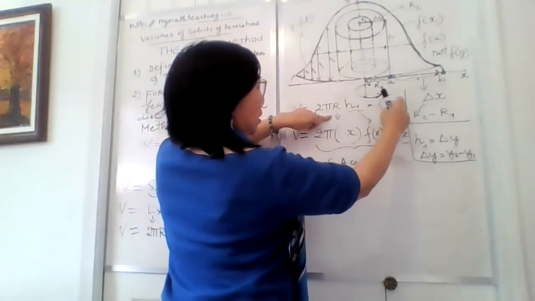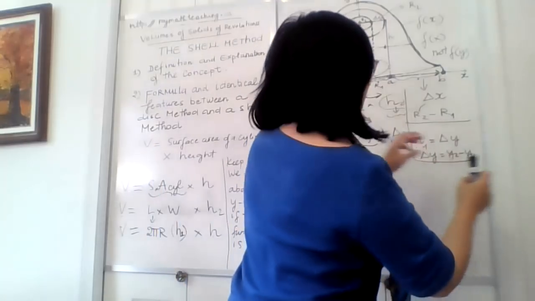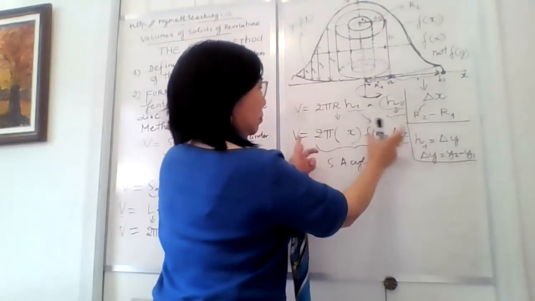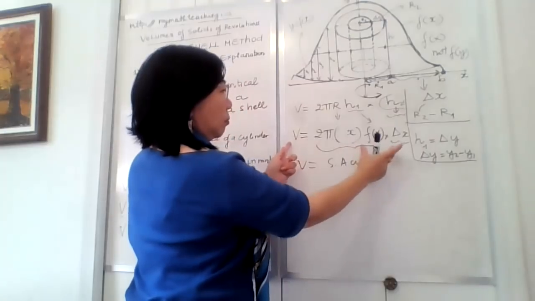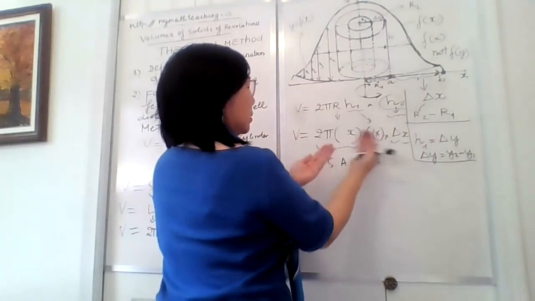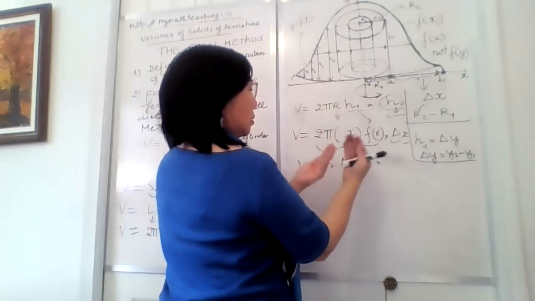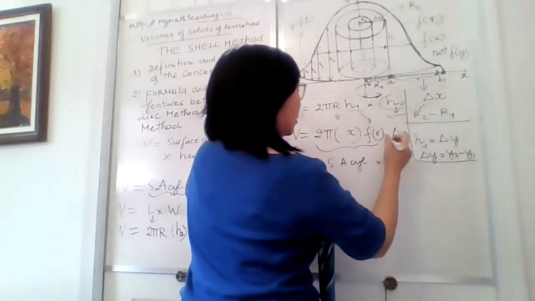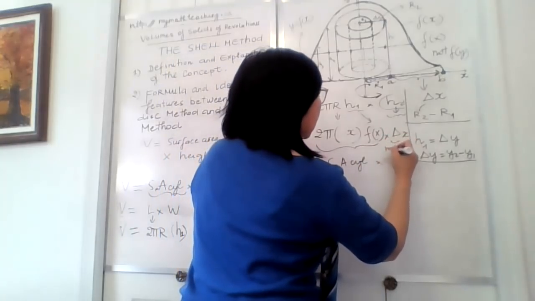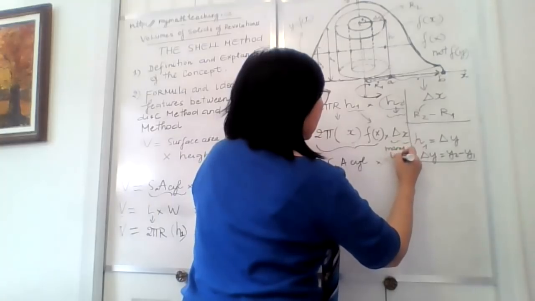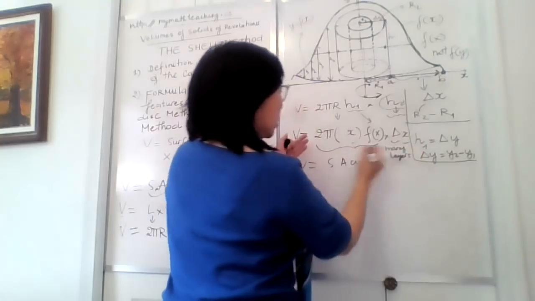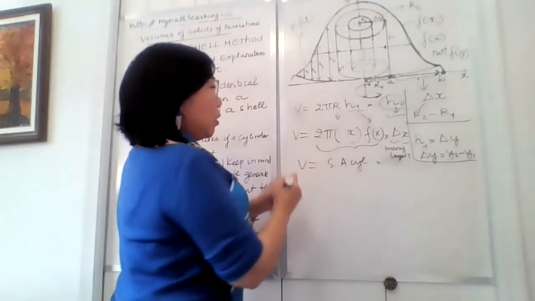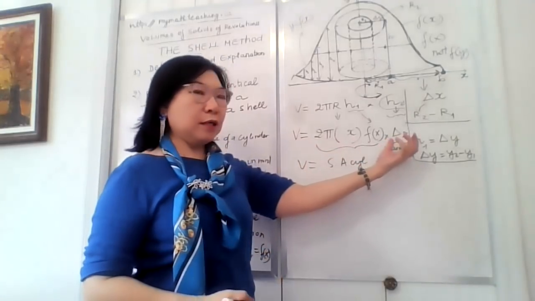But this height 2 here, we're talking about the thickness of the cylinder to form a volume. Remember, this thickness is the many layers of this surface area. So if we have 1 layer, we multiply with 1.